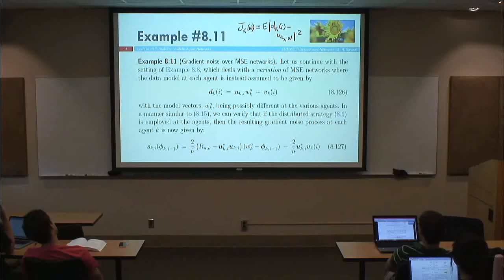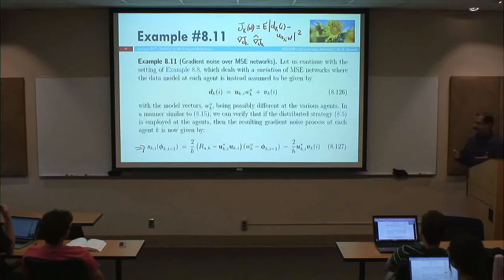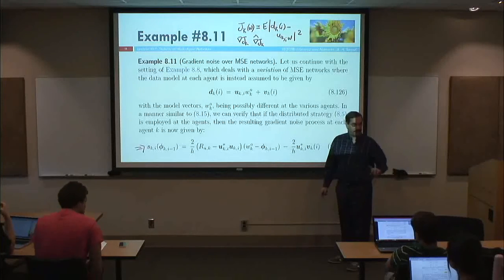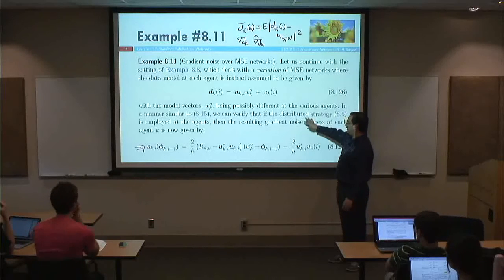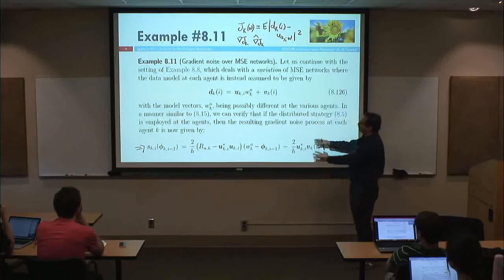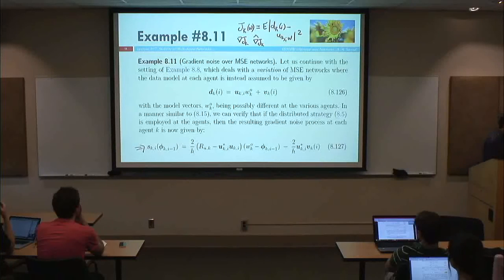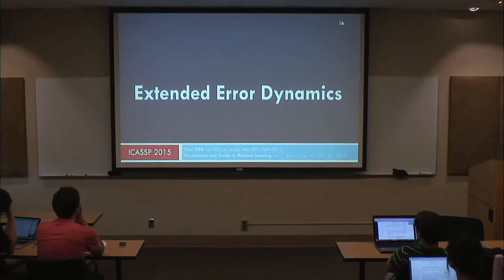So for the quadratic cost, if you compute the difference between the true gradient and the approximate gradient based on the data, we have done this algebra a few times before. This is the expression for the gradient noise. I did it last time as well. This is just an example to remind you what it would look like in the quadratic case. But in this lecture, we'll be studying the more general case. So this is just a simple example to refresh your memories.